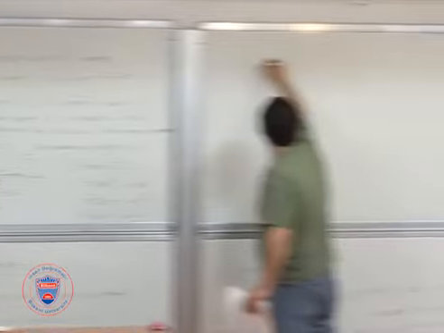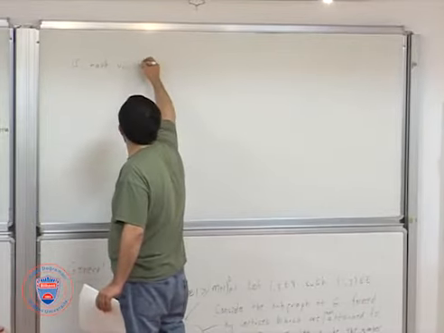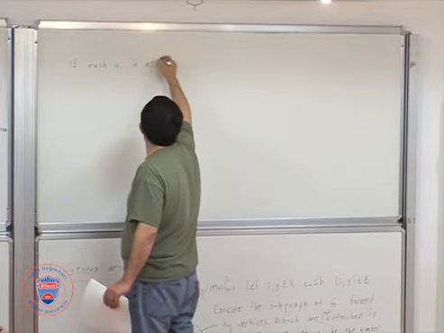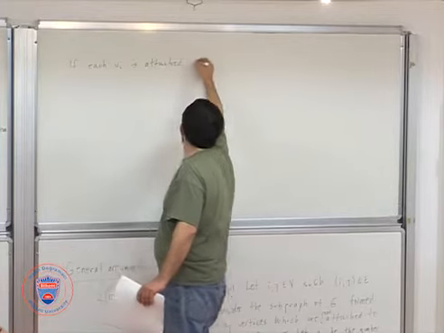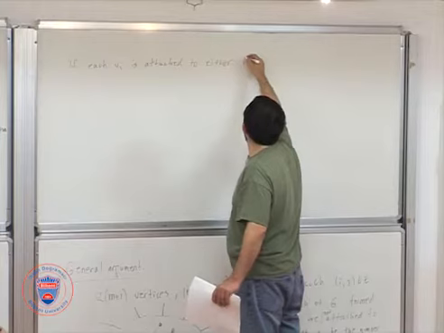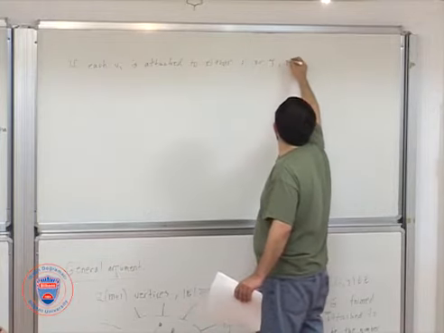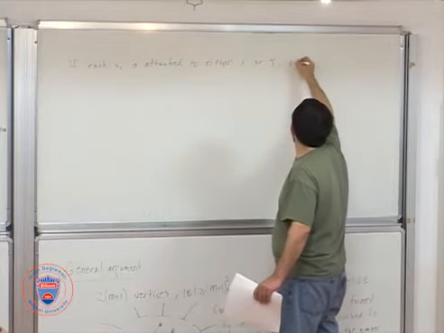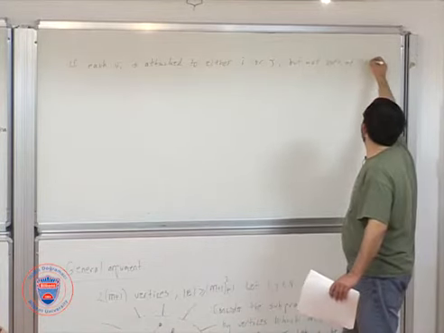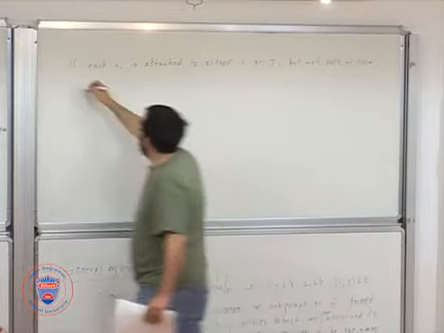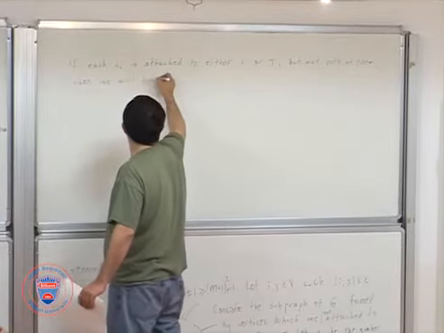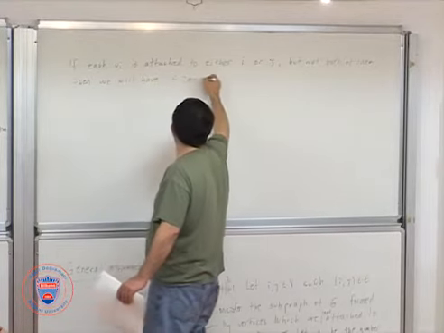If each Vi is attached to either i or j, but not both, then we will have less than or equal to 2m plus 1 edges.